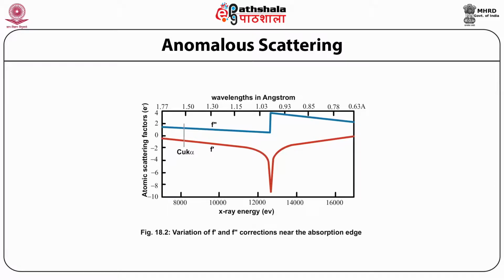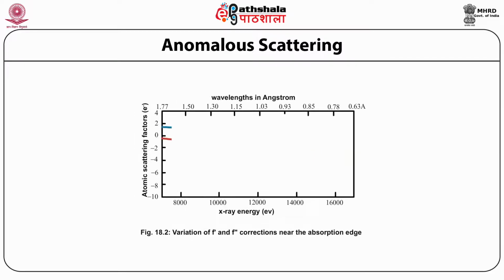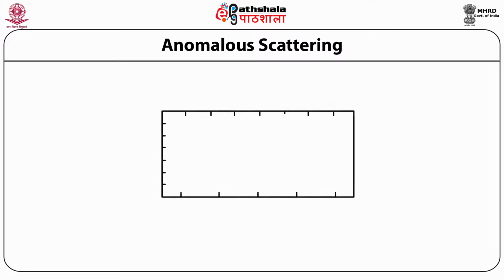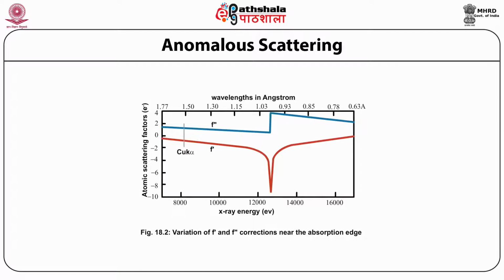There is a sharp increase when the incident wavelength or frequency goes to the absorption edge. So this can be seen in the f double prime curve, where f double prime becomes maximum in the positive. Near to that, if you just see, the f prime curve has a dip at this wavelength, and the energies are marked in the x-axis.